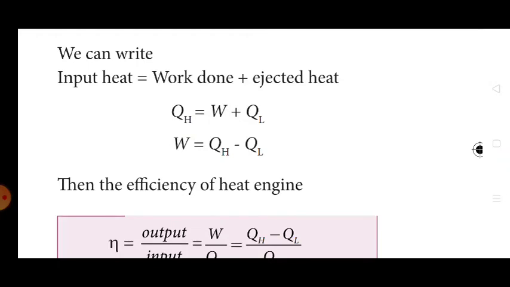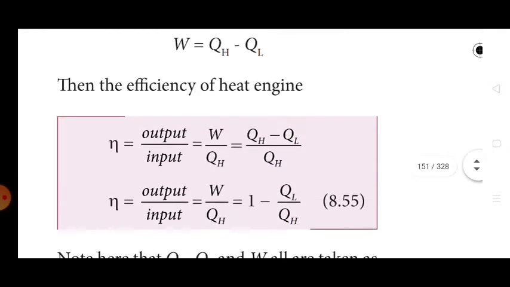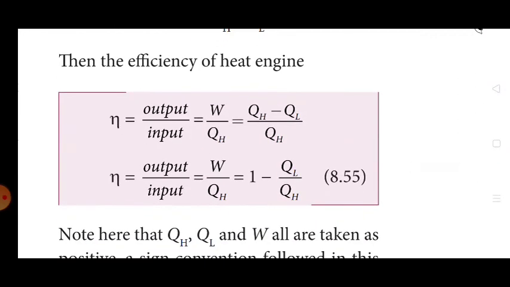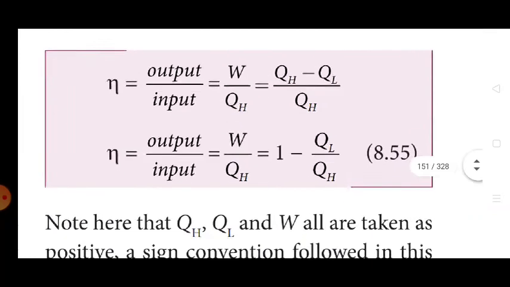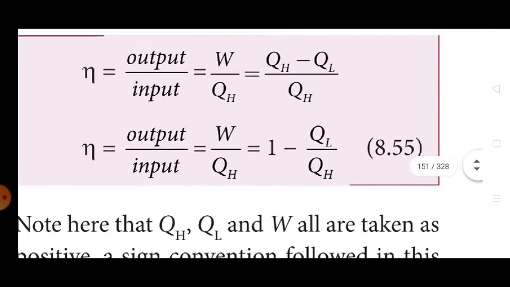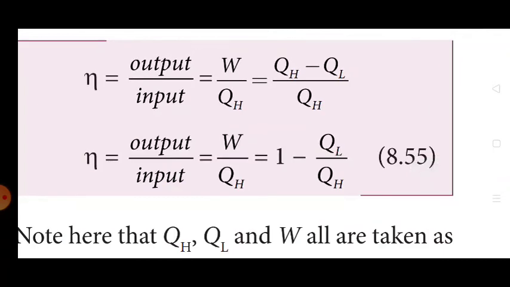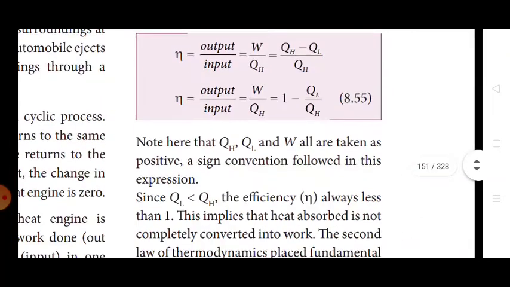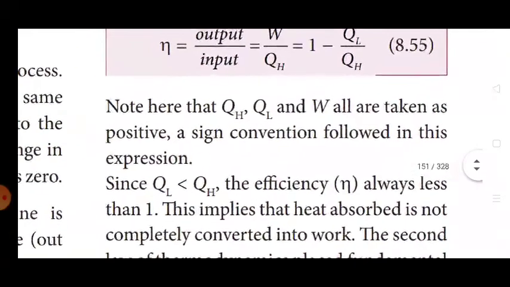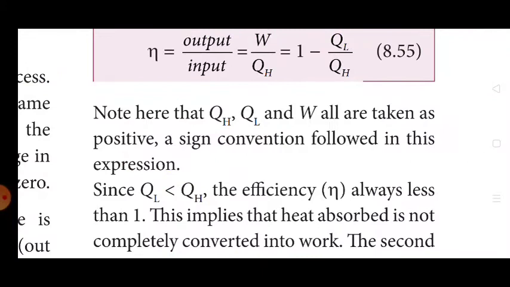Then the efficiency of the heat engine, eta, is equal to output over input, which is W/QH = (QH − QL)/QH, so eta = W/QH = 1 − QL/QH. Note here that QH, QL and W are all taken as positive. A sign convention is followed in this expression.